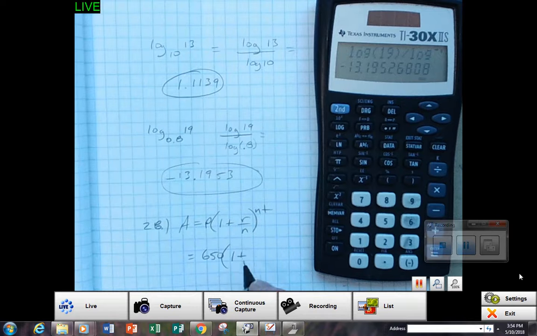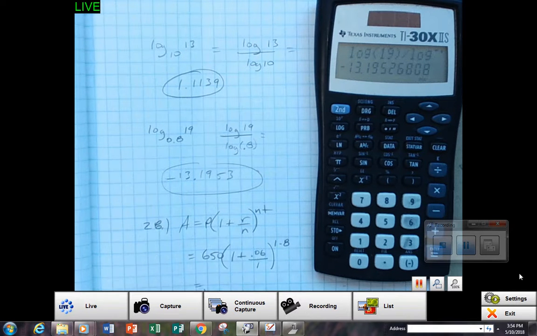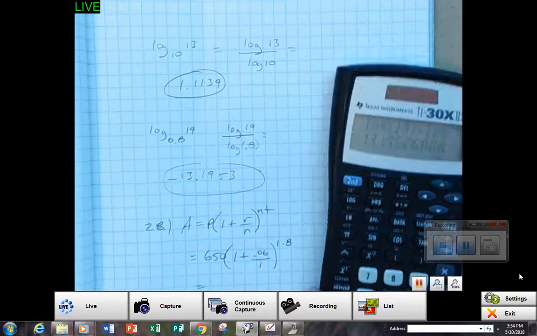That is 6% as a decimal, which is 0.06. N is my number annually, so annually is once a year, I believe. And then I do 1 because it's annually, once a year, times 8.